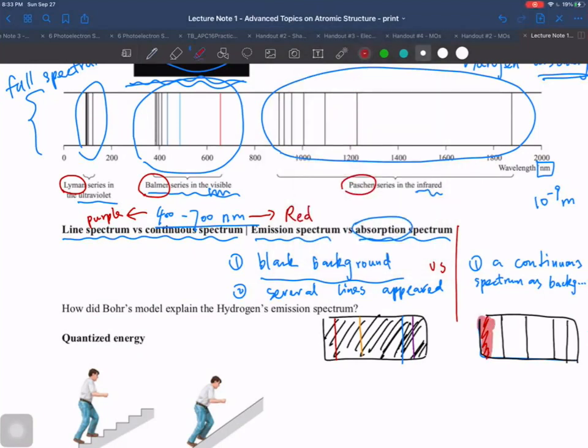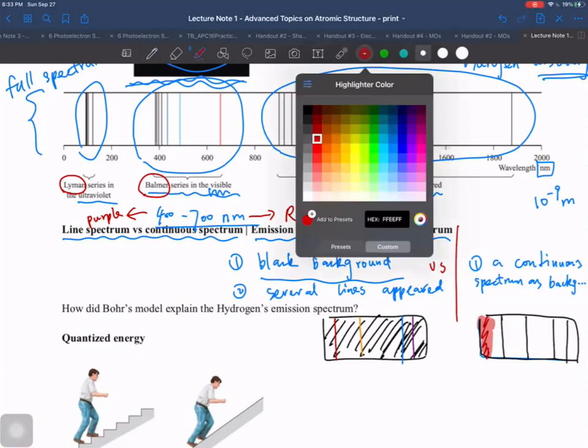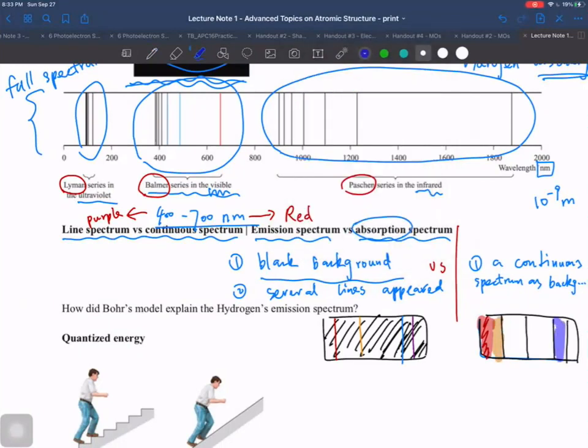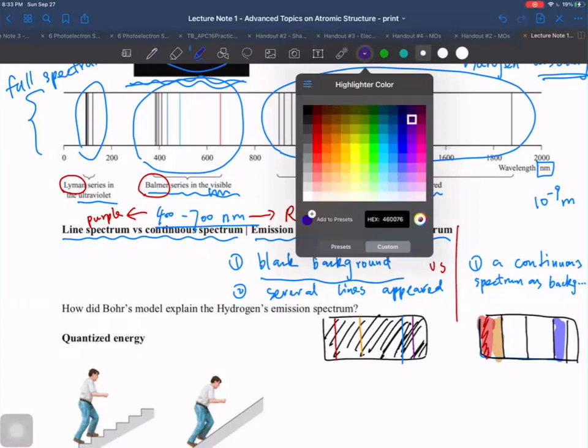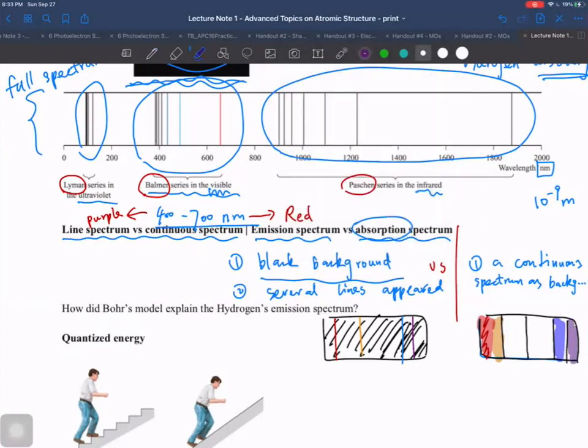Okay. But it is a little bit challenging for me to find all of the colors, so just to show a general idea, okay? For this range it is blue, and for this range it is purple. And then you can add the other stuff. I just want to show a full spectrum.